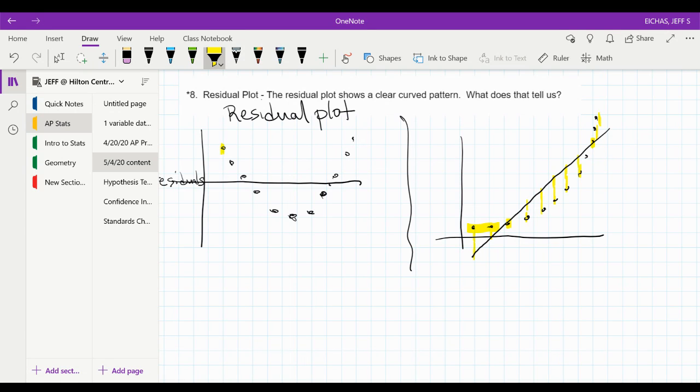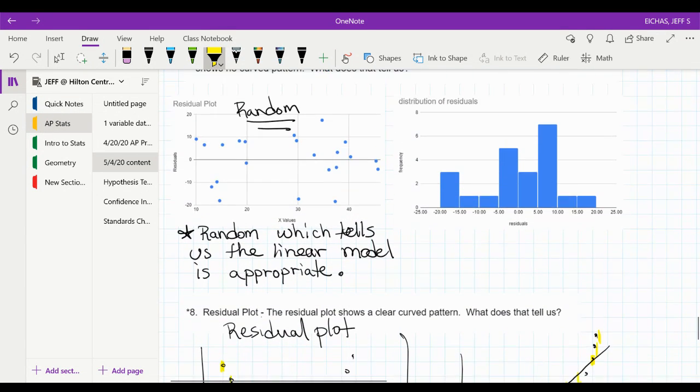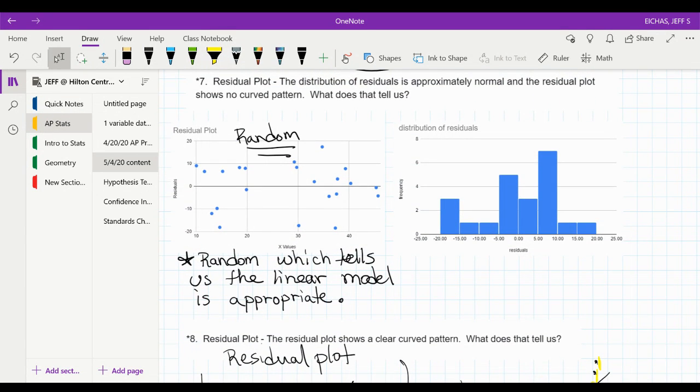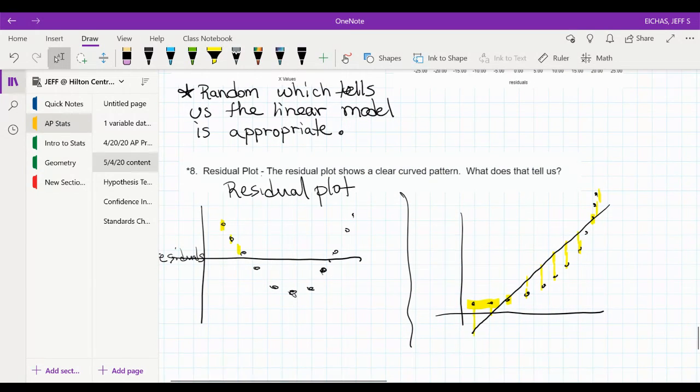So this is above for low values of x. The residuals are negative or below for the middle, and then it's a pattern back to the residuals are above again. That shouldn't happen. It should be random. Across the x values, it should be all over the place instead of having this curved pattern.